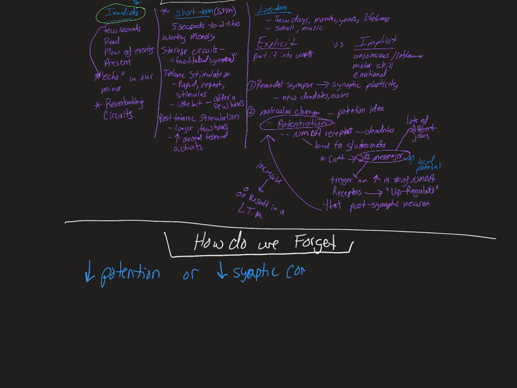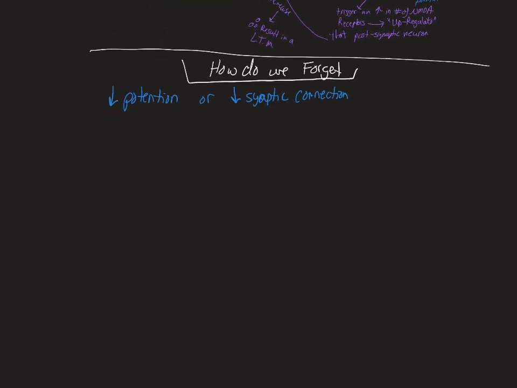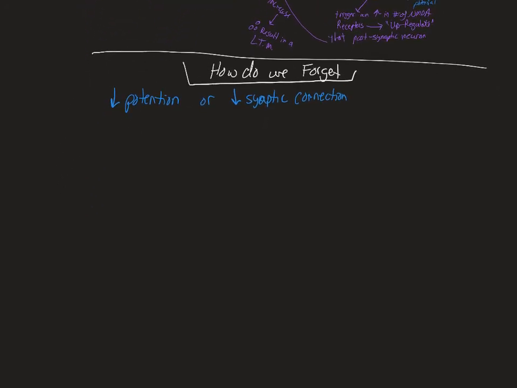So if it's a short-term memory, you might just be losing some potentiation so things stop stimulating each other. Or you could be actually breaking a synaptic connection between those things.